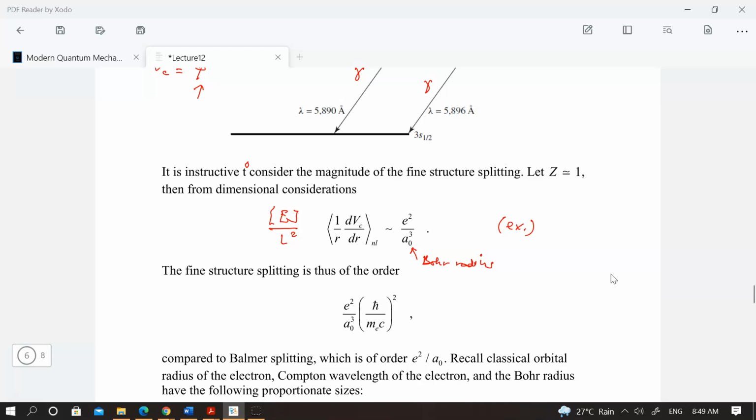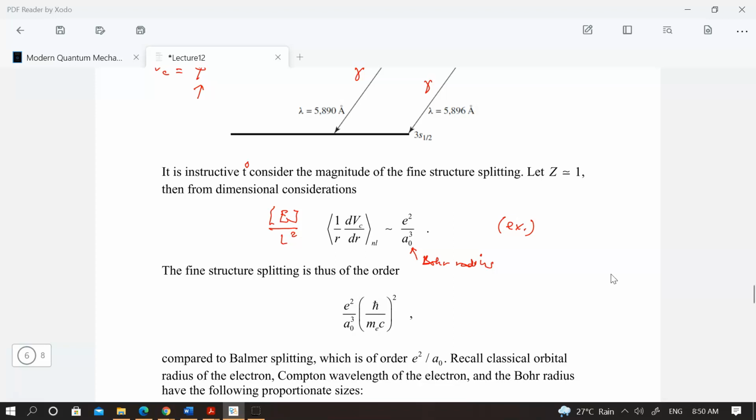Remember, there's a bit of complication over here because you have your charge squared. Normally we don't consider the charge dimension. Over here you need to do that because your charge is involved inside your energy term.